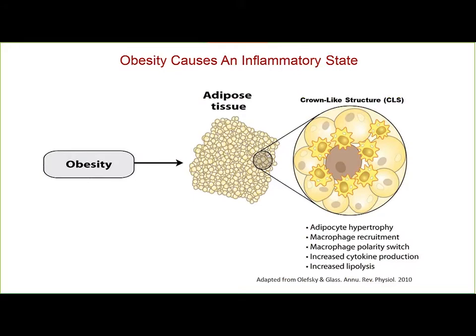So this is a cartoon demonstrating that obesity can cause an inflammatory state. The crown-like structure was first recognized in 2003 in adipose, and then we found it, as I'll show you, in breast tissue in 2011.